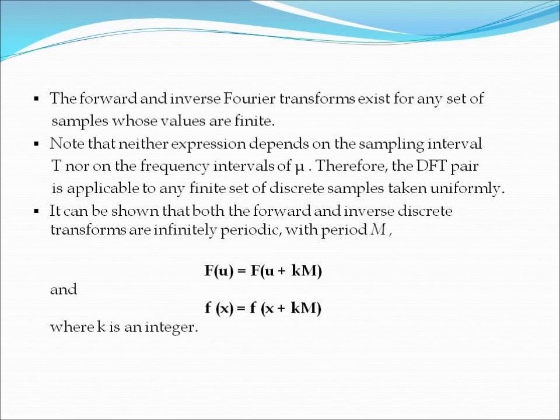The discrete Fourier transform pair is applicable to any finite set of discrete samples taken uniformly and is independent of the sampling interval or the frequency interval. It can also be shown that both the forward and inverse discrete transforms are infinitely periodic with the period M.